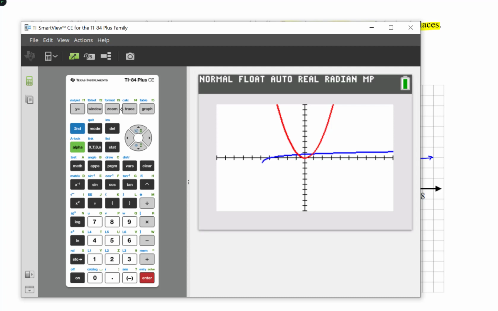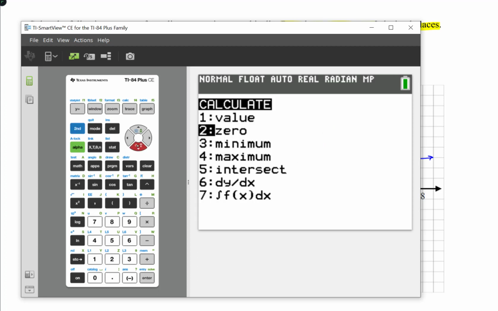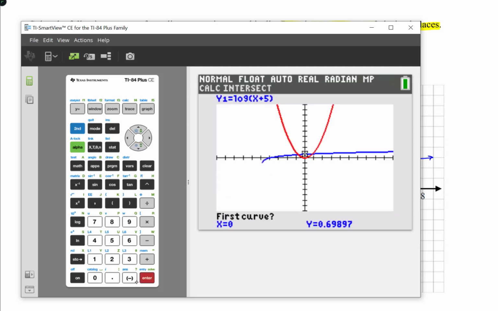So I'm going to hit second and calc. What I'm trying to find is an intersection between two curves. The curves are y1, which is the logarithmic, and y2, which is the square. And then it asks for an initial guess.